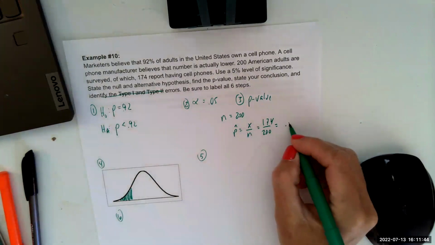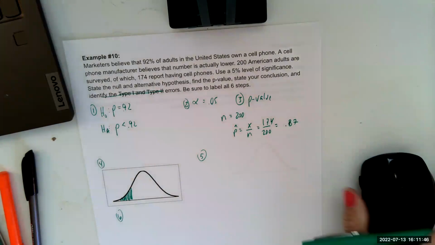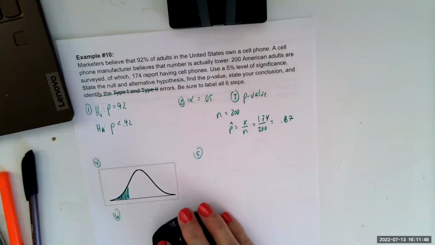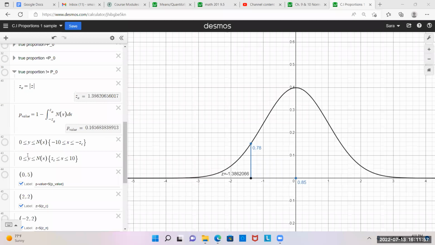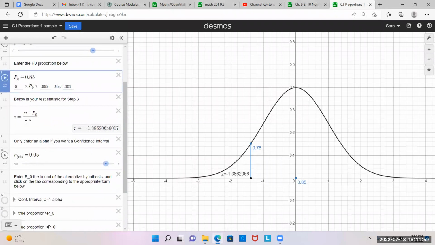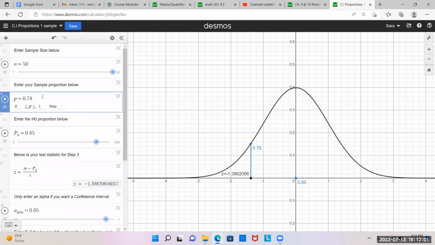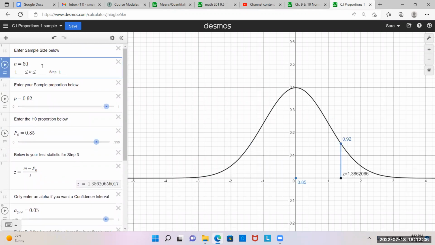is 0.87, which is lower than 0.92, but we're going to find out if it's statistically lower. N is 200.